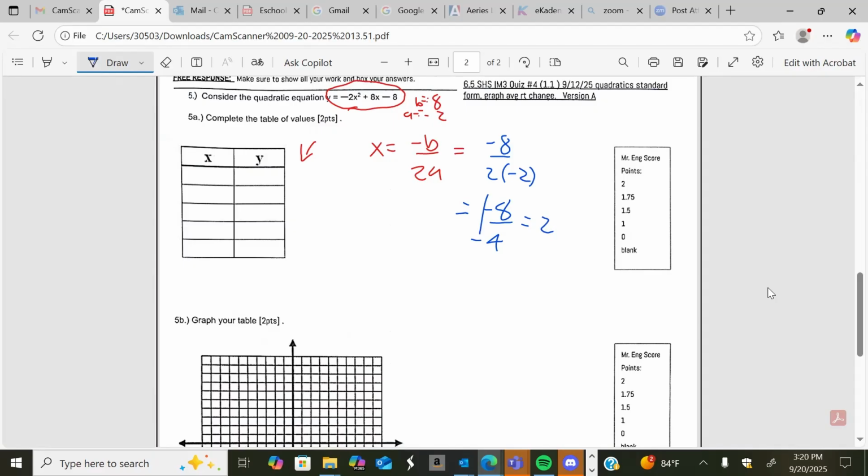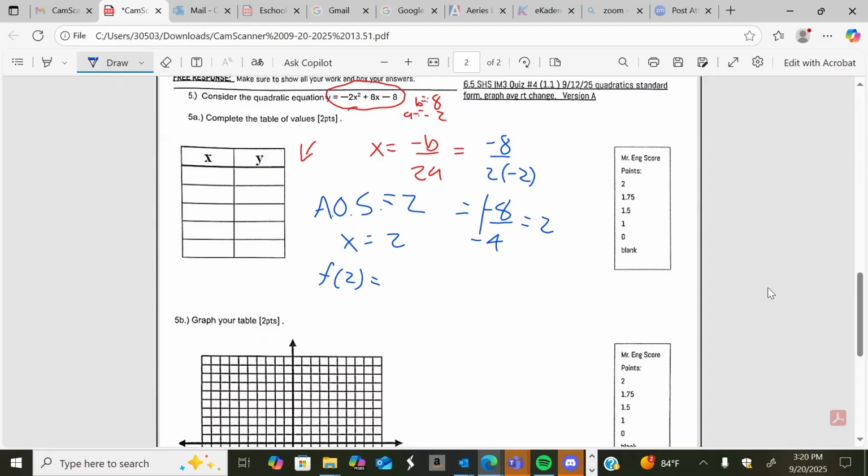So therefore, my axis of symmetry is positive 2. So x equals positive 2 is my axis of symmetry. With this, we can then just plug it into our quadratic and find out what the vertex is.